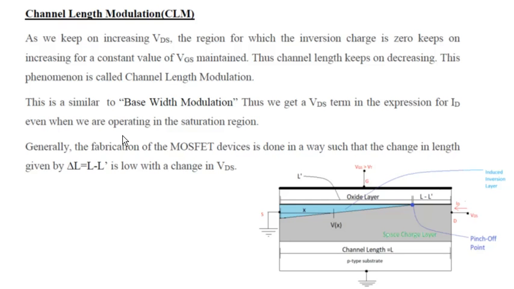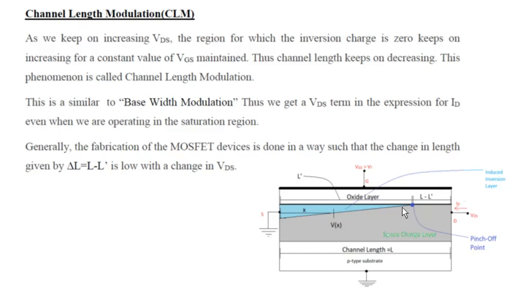That means if we are increasing VDS, we have a MOSFET where we apply voltage VDS and VGS. VGS is maintained at a constant value, and then we increase VDS. If we maintain VGS and increase VDS, the channel inversion charge is 0, that means the channel length near this region becomes 0.